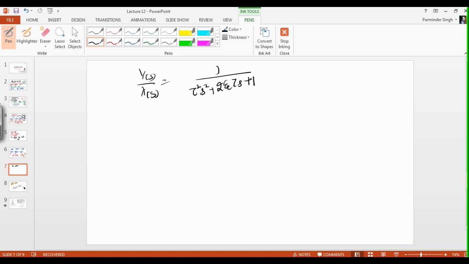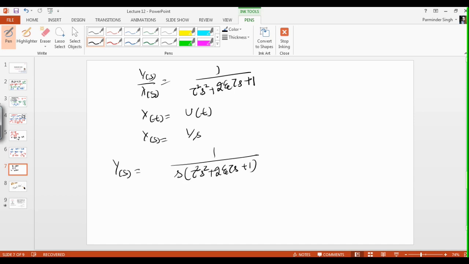Clear? Now for a given step input, suppose the forcing function is a unit step function, so what will be X(s)? X(s) will be 1 by s. So Y(s) comes out to be 1 upon s into tau square s square plus 2 zeta tau s plus 1.